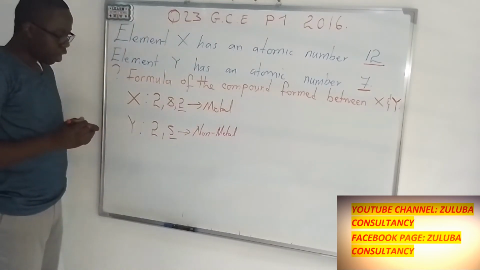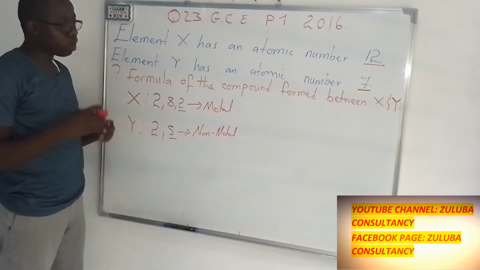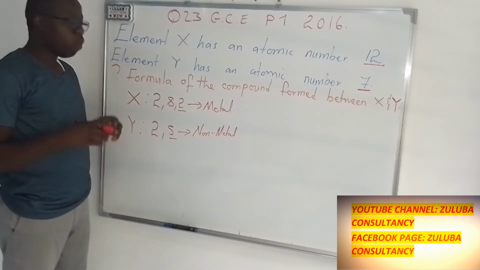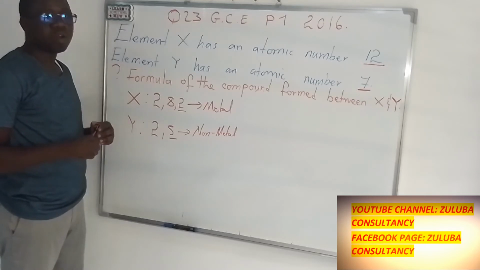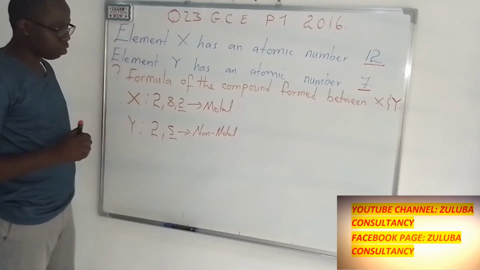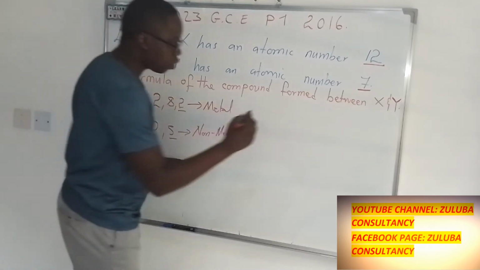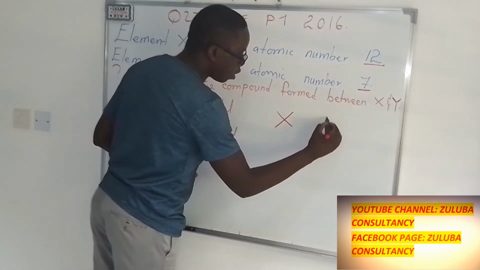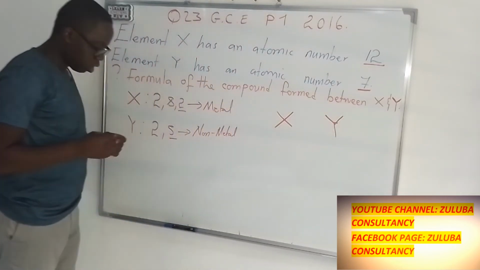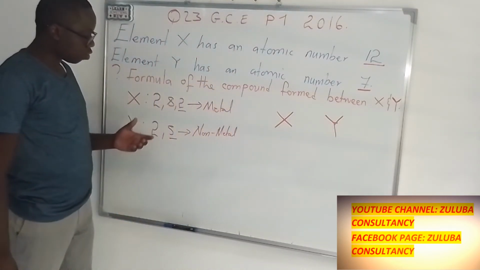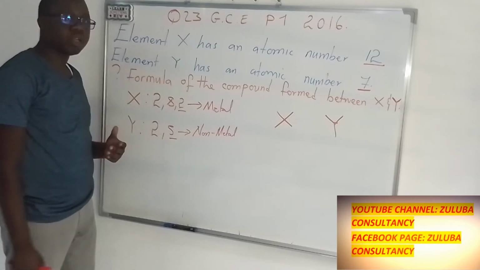After we identify which one is a metal and which one is a non-metal, we need to look at the valences of the two elements. So we can put X here and Y there. So what are the valences of the two elements that we have now?